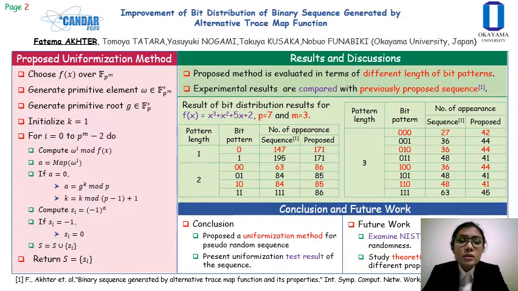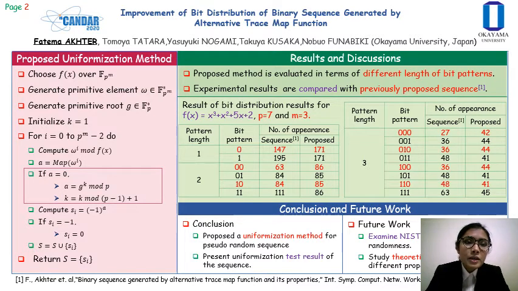So in this research, zero elements are distributed equally among non-zero elements. To do this, we have utilized primitive root G. So, whenever a map 0 is encountered, it is replaced by G to the power K. As I said earlier, powers of a primitive root can generate all non-zero elements of a prime field.